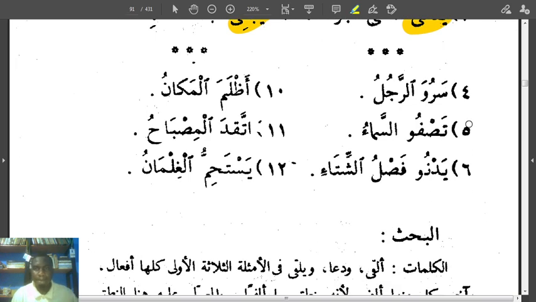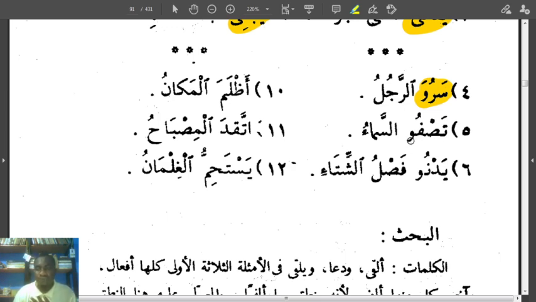Okay. We have number 4, sarwa ar-rajulu. The verb is sarwa. Sarwa bimana asbaha kariman or asbaha sharifan, to become noble, to become generous. So we have sarwa ar-rajulu: the man has become noble, or the man has attained some honor.